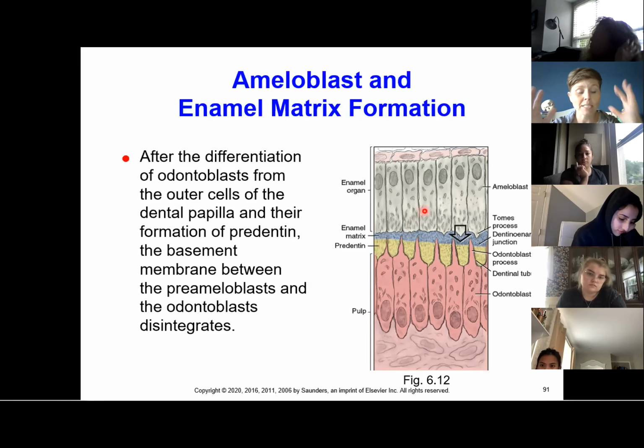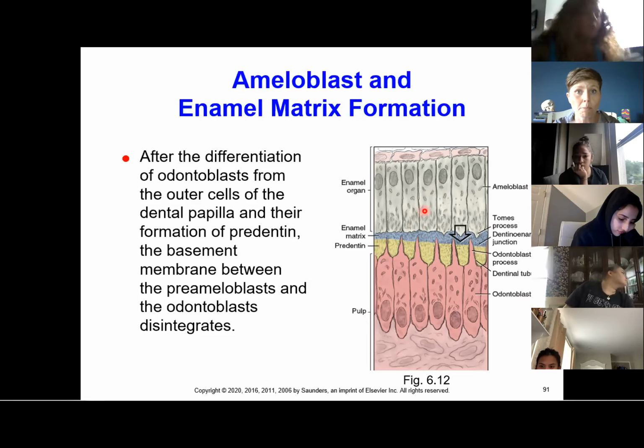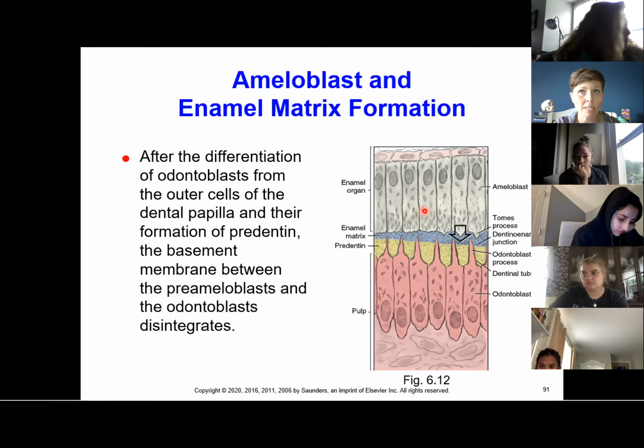And then at the same time, our ameloblasts start to produce these little Tomes processes. And the Tomes process is like this little arrow. And I just kind of imagine it's pulling away and the little arrow is just spitting out enamel, the enamel matrix. And so your enamel matrix, like I said, it's laying in this formation, and it's layering, they're all just spitting out this little enamel matrix.